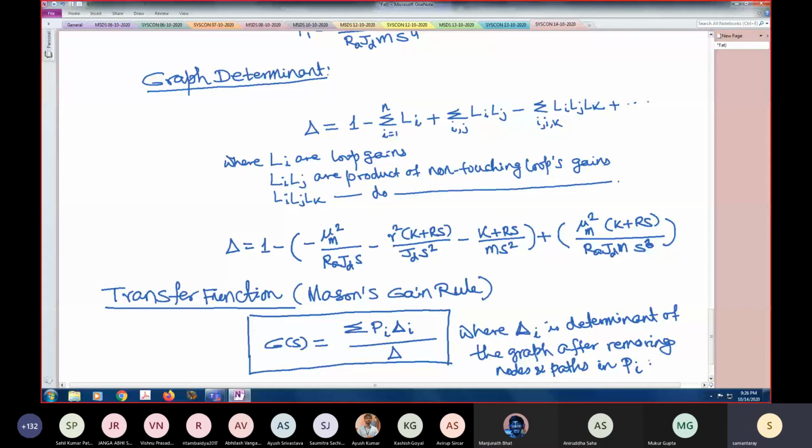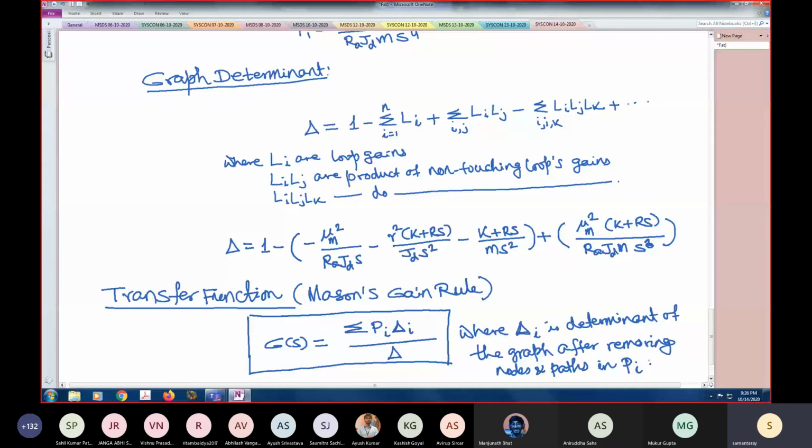Similarly here, whenever we are considering a path, delta_i is calculated from the rest of the graph after removing the forward path. And delta is constant. Delta is not dependent on the forward path, or on where your sensors and inputs are. Delta is a property of the system. So this is how the transfer function will be calculated.